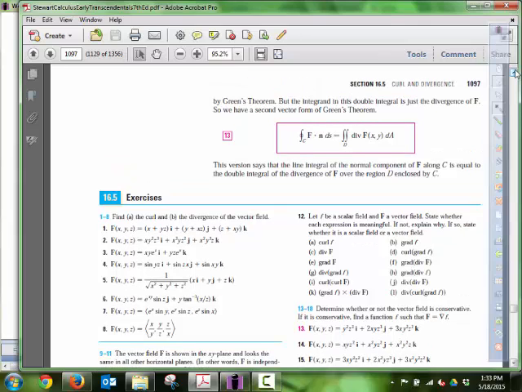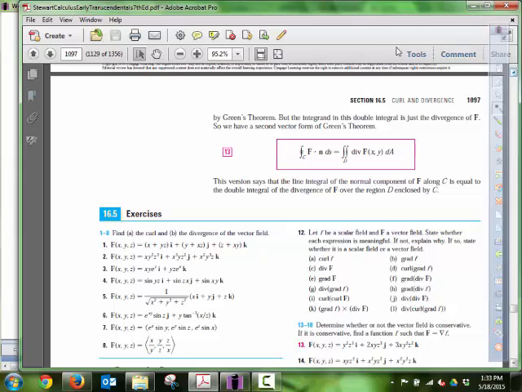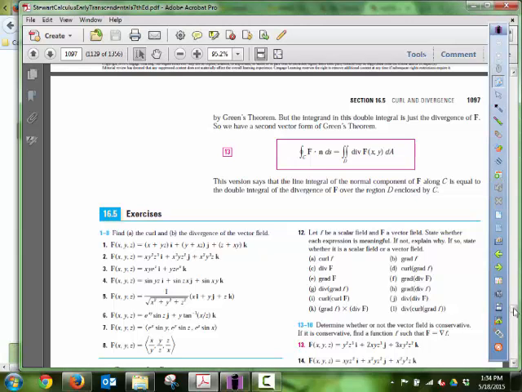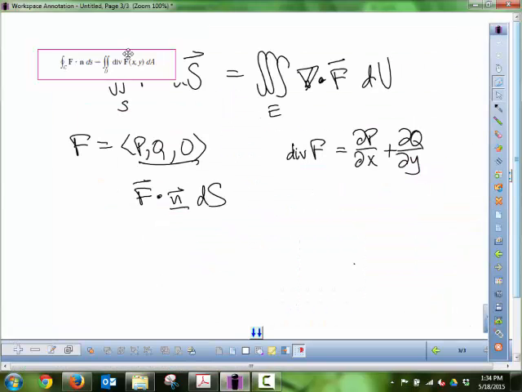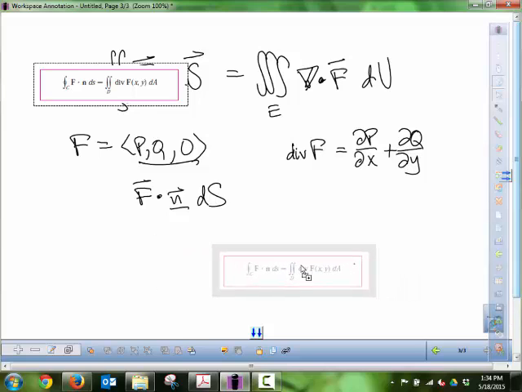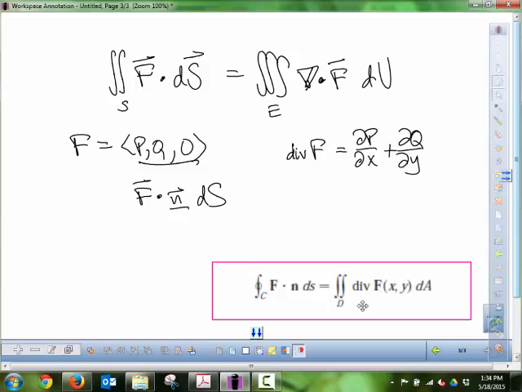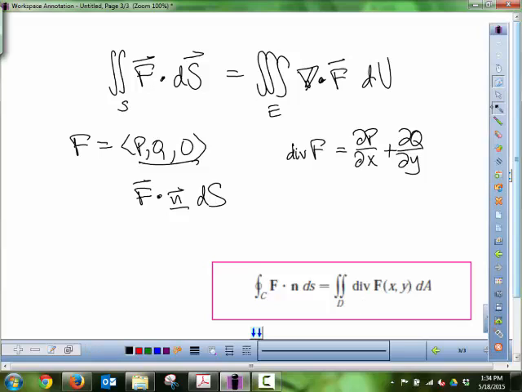Oh, it was close. I just had to make that surface into a curve somehow, and then it's the div of F. Sometimes this is shown with Green's theorem, sometimes after they do Gauss's theorem, but this is called the divergence theorem on the plane.